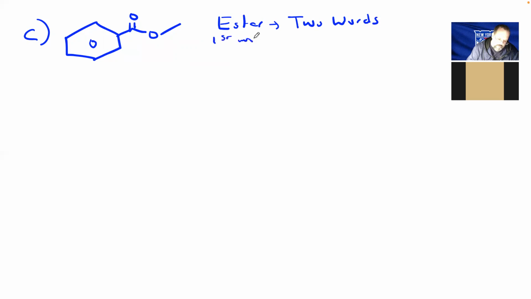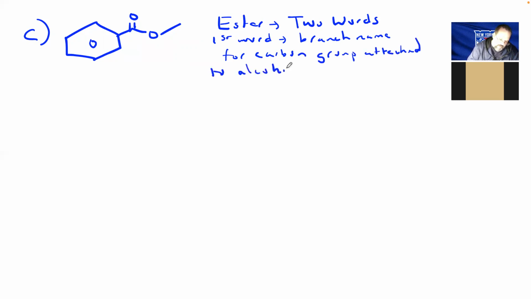The first word is the branch name for the carbon group attached to the alcohol oxygen.